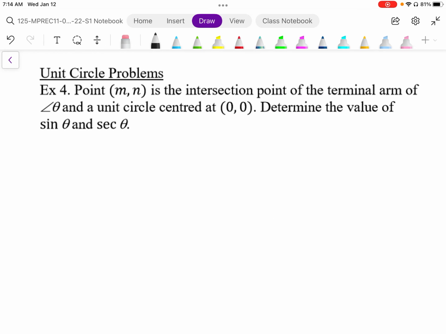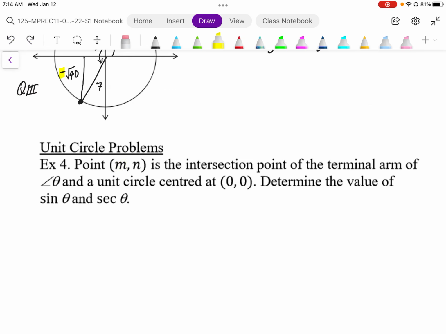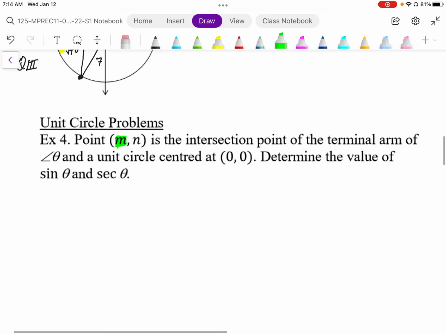So unit circles, the nice thing about unit circles is the coordinate on a unit circle is going to be reflected in the cos and sine ratios. So when I have my x position on a unit circle, and this is only for unit circle, the x position, actually I'm going to choose a different color here, the x position, in this case m, that relates to the cosine of the angle position.